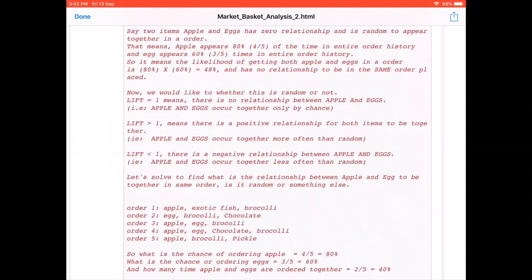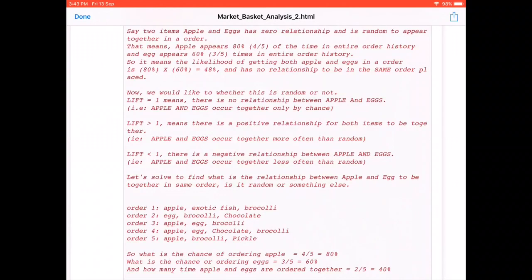And if lift is greater than 1, then how many times greater than 48%? I'm talking about how many times, so that I can talk about a ratio. Lift greater than 1 means there is a positive relationship for both items to be together. That means apple and eggs occur together more often than random.